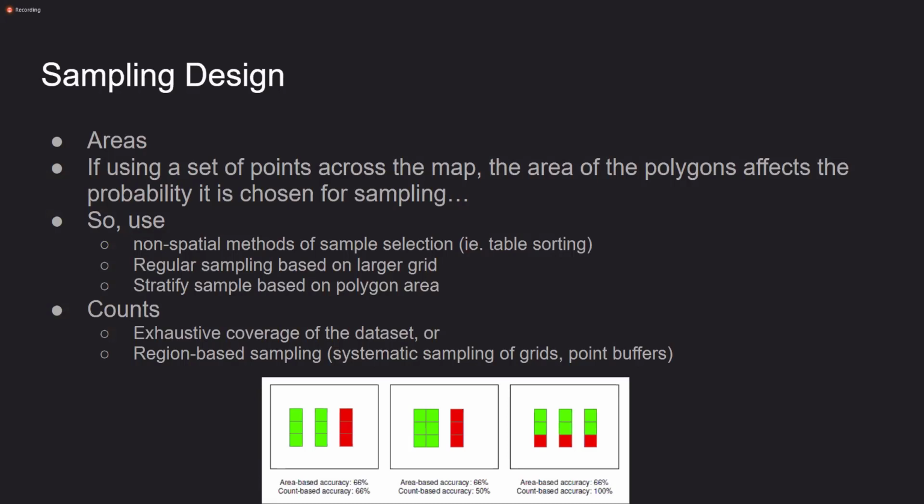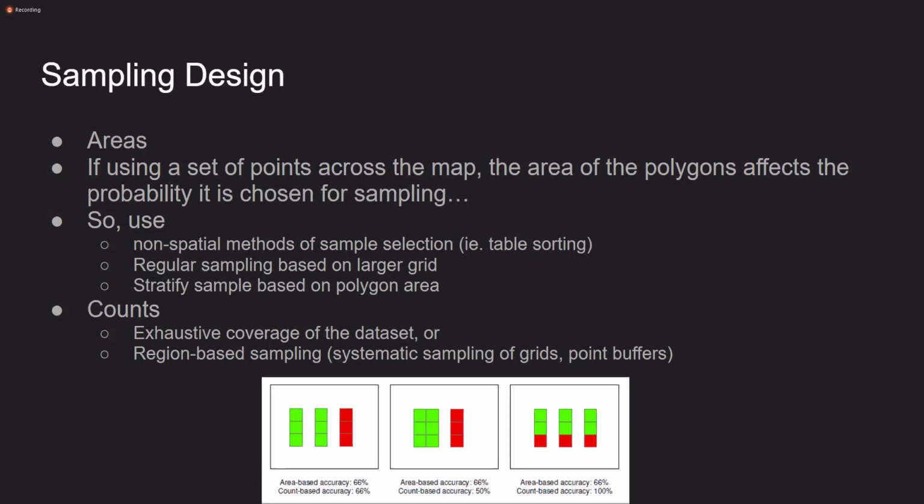When we do an object-based image analysis, we aren't just assessing pixels, we're assessing the objects. Those objects have different sizes and they also have different spatial properties, which make it a little bit more complicated. So in order to design a sampling method that is accurate for this type of analysis, it's best to use something that's non-spatial.